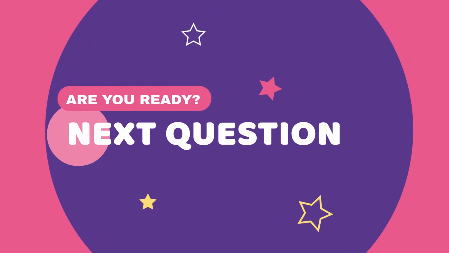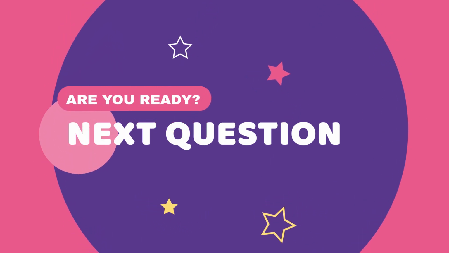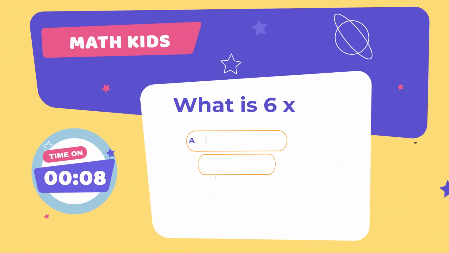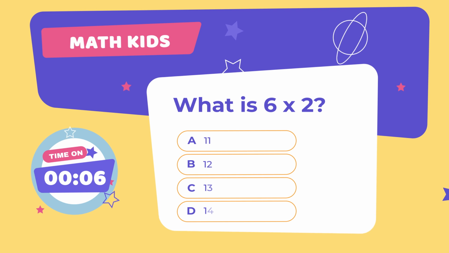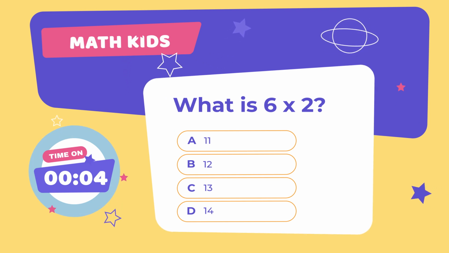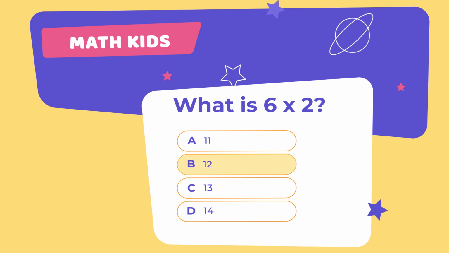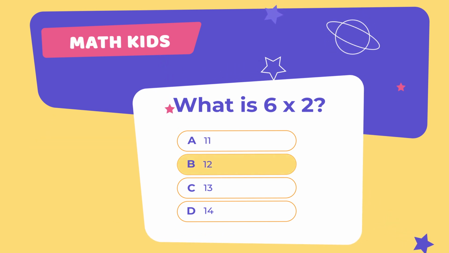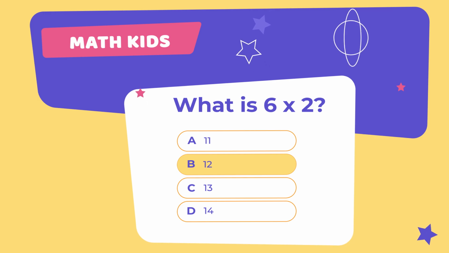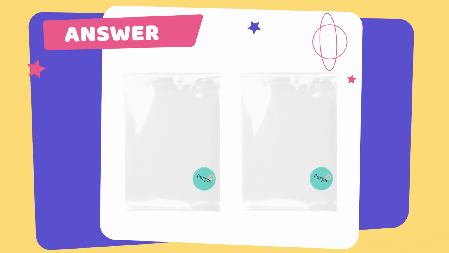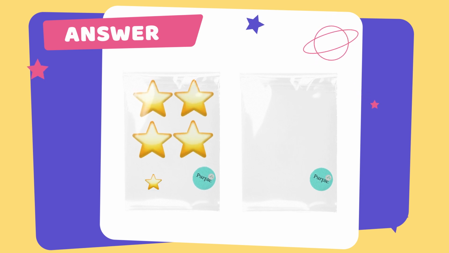Are you ready for the next question? What is 6 times 2? You're right. Your answer is correct. You have 2 plastic bags, and each bag contains 6 stars.